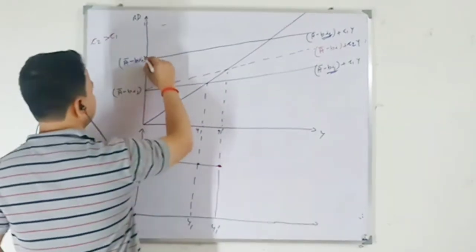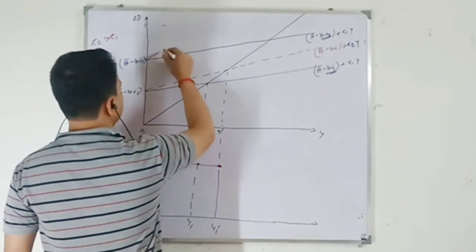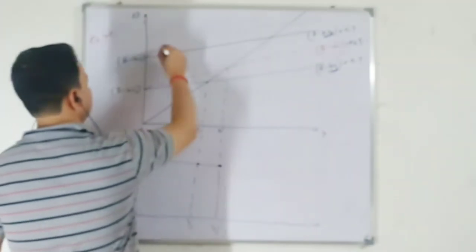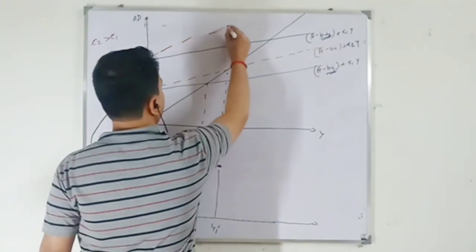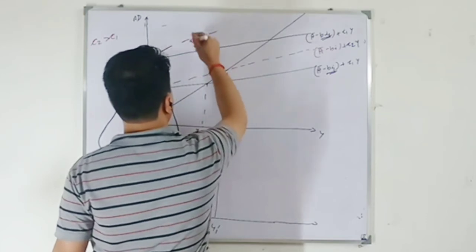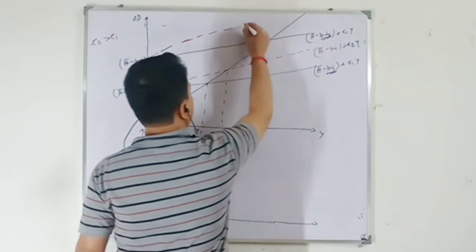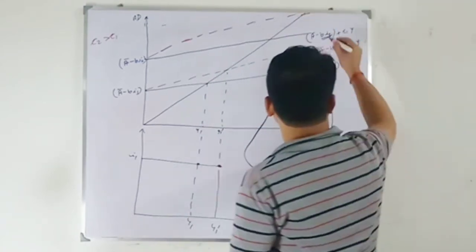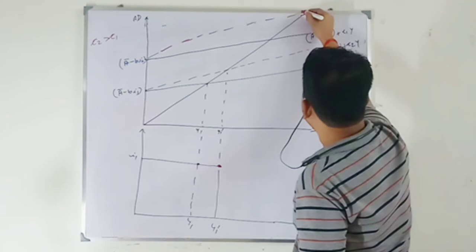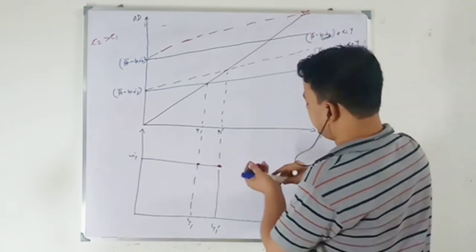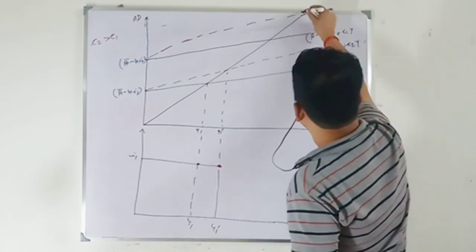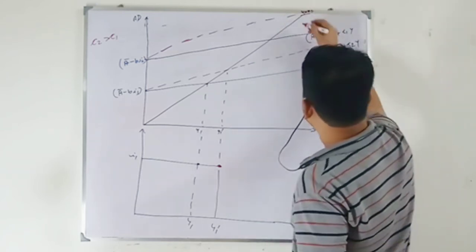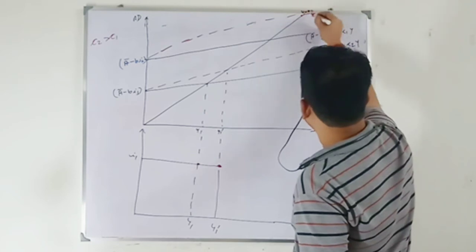Okay, this point is my Y equal to AD, on top of this black line, Y equal to AD. At this point, or this line, you can say the red line.